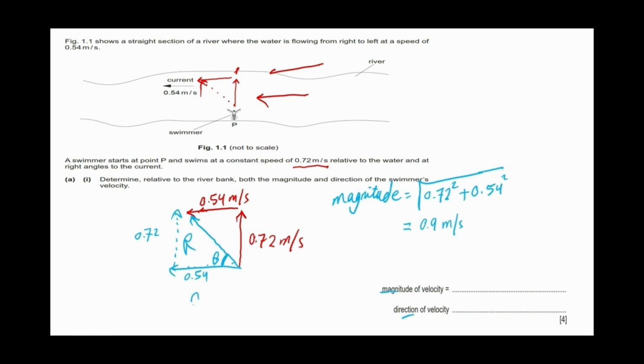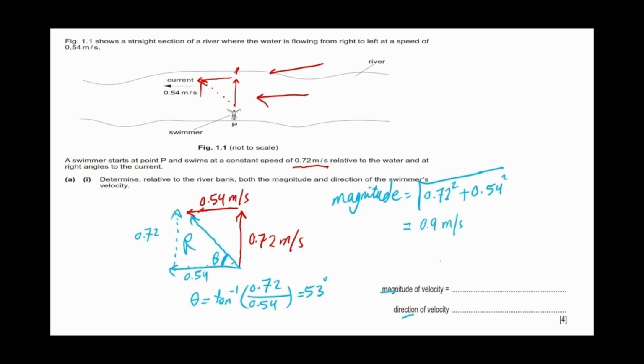To get the angle here, the angle equals inverse tan the opposite, 0.72 over 0.54, equals 53 degrees.